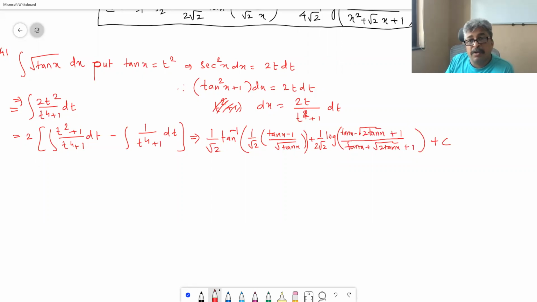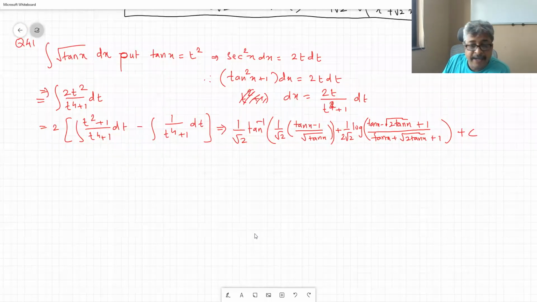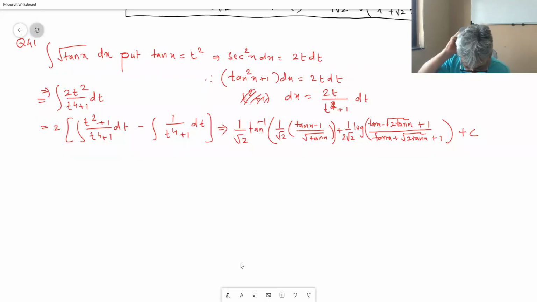When if you are frustrated sometime, if you are not fine, you start differentiating this, simplify, and if you happen to get root tan x, you will feel very happy about yourself. Maybe you can try. Steps that we have performed for solving this integral were technically correct, and therefore we can say that yes, this is the integral of root tan x.